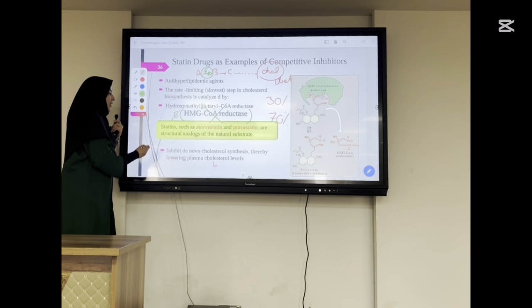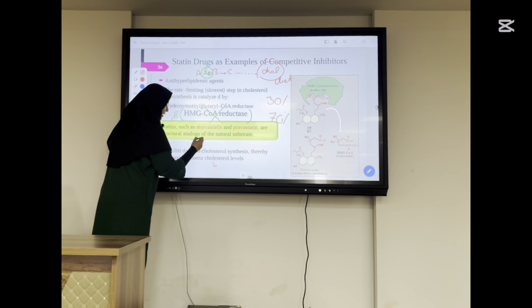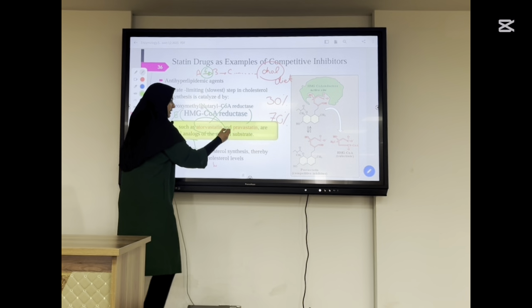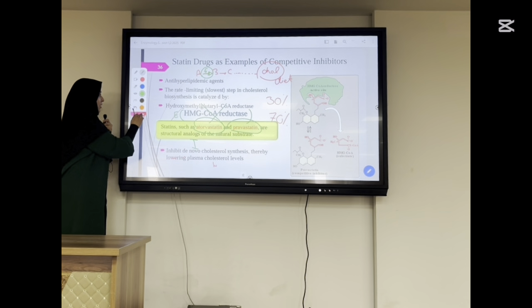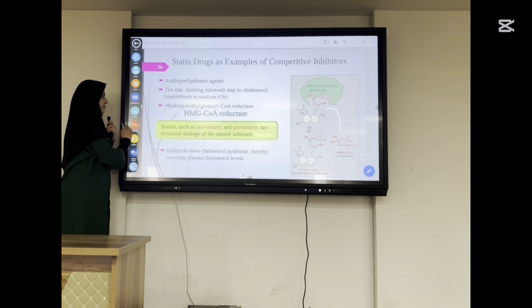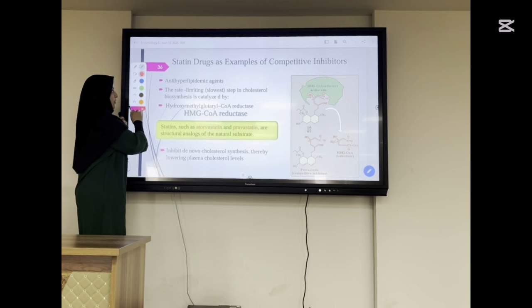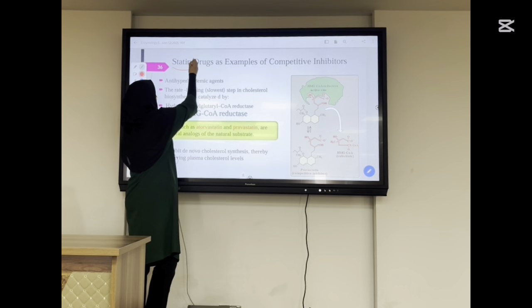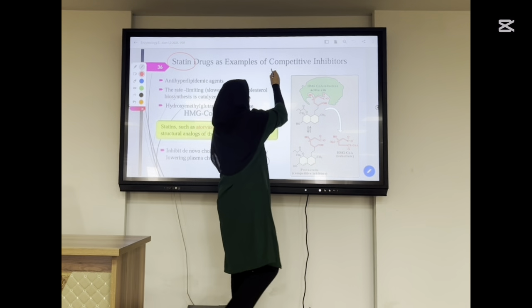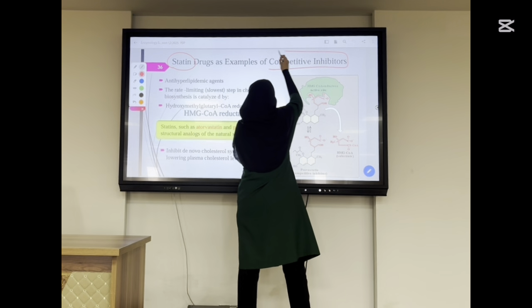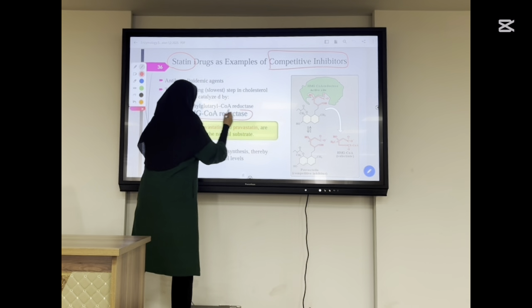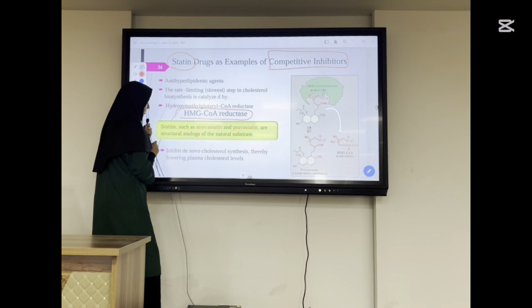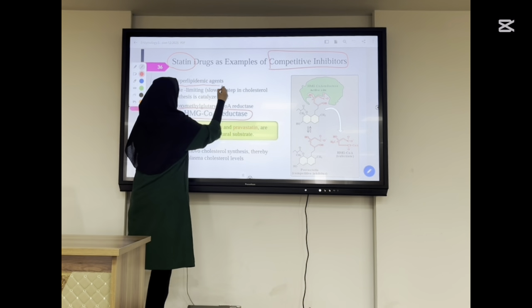What is the name of the inhibitor? Atorvastatin and pravastatin. So, what is important in this slide? At first, you should know that statins are an example of competitive inhibitors, the name of the enzyme, and also that they are anti-hyperlipidemic drugs.